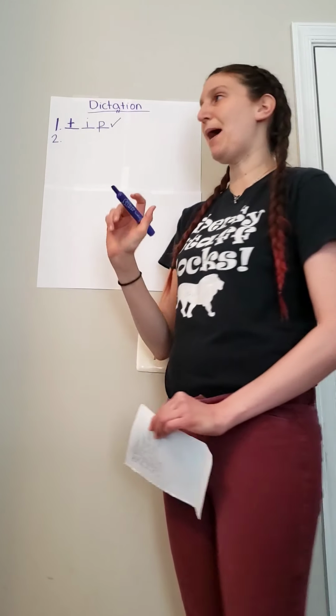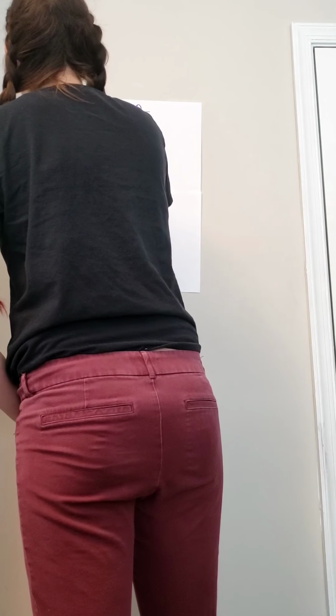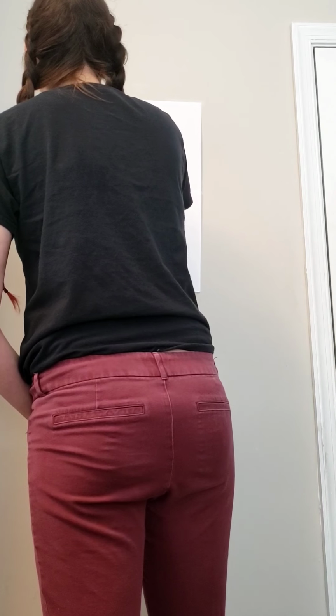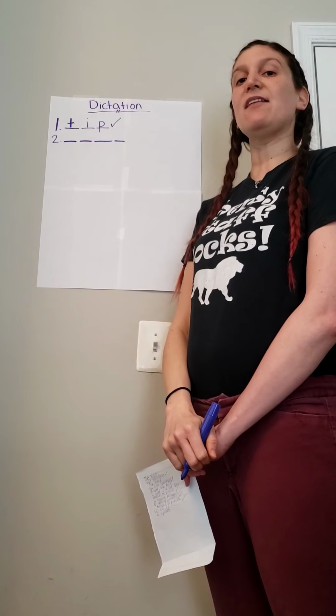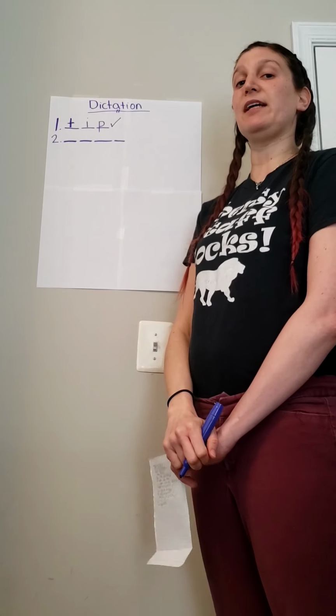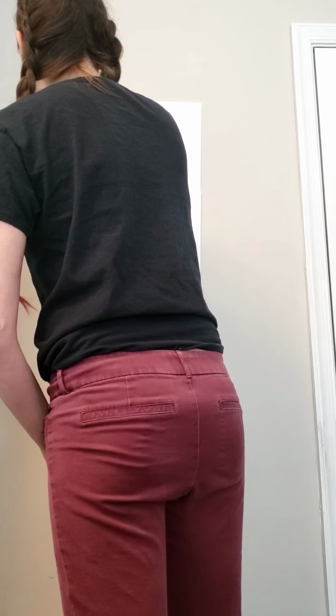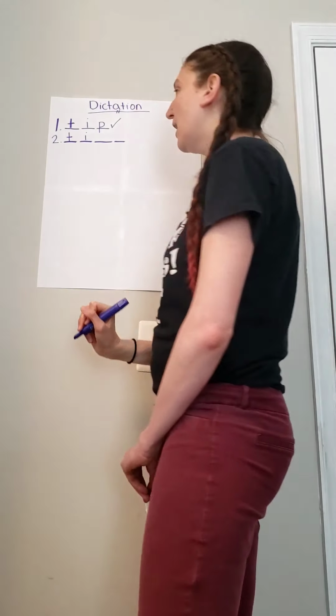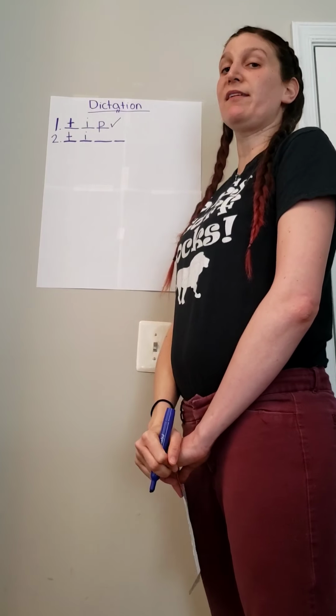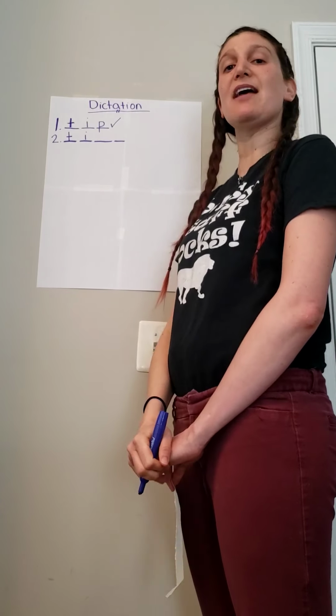All right, let's map it. Tipped. Let's write the letter we hear for each sound. T, I, P. Time for our double consonant check, just like Miss Douglas did yesterday.